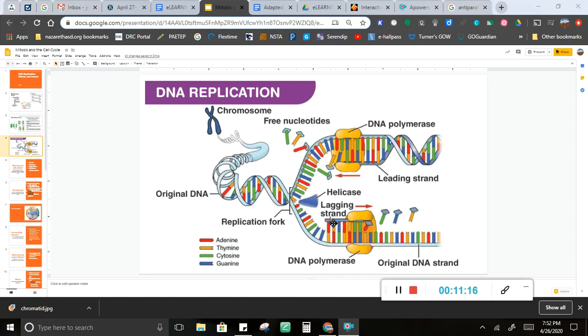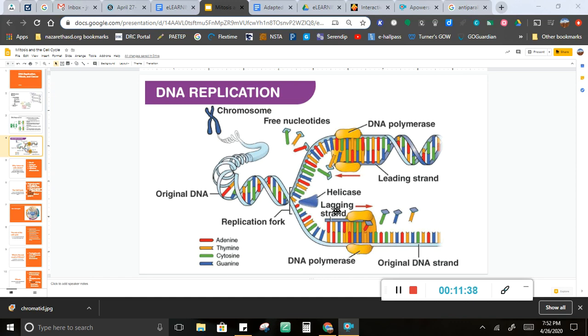The lagging strand is called the lagging strand because it's actually built in the opposite direction. It's built facing away from the replication fork, and it's built in short fragments called Okazaki fragments. Okazaki is named after the scientist who first witnessed and documented this process.